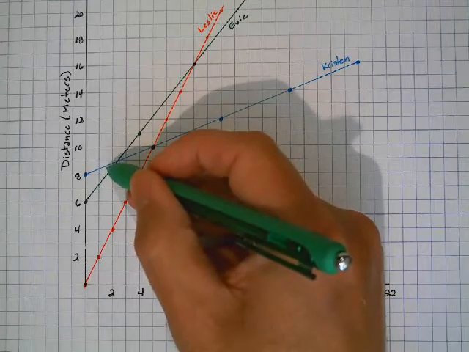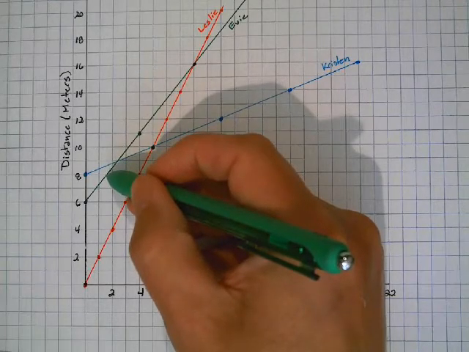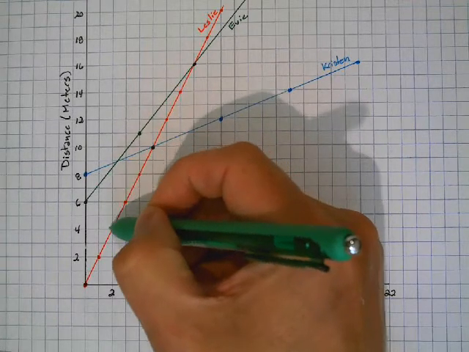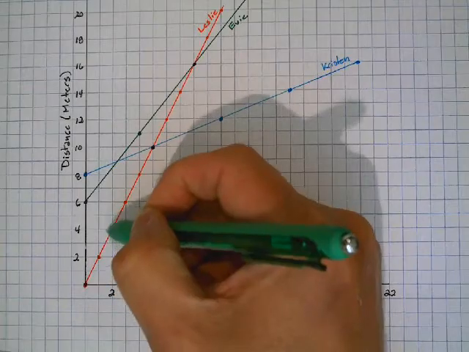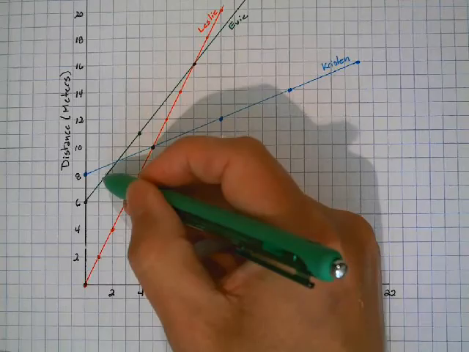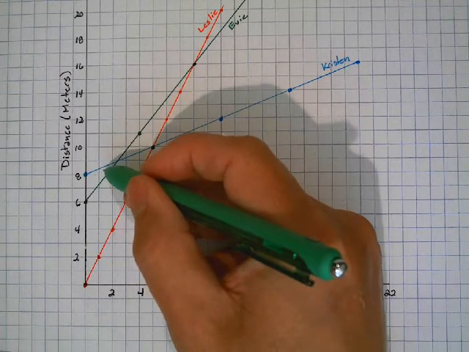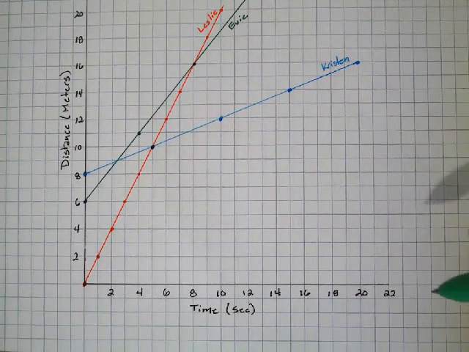And at 1.5 seconds, we can see that Evie right here is only at about 8 meters. And at 1.5 seconds, way down here, we can see that Leslie is only at 3 meters. So if the race was only 8.5 meters long, Kristin would be the winner.